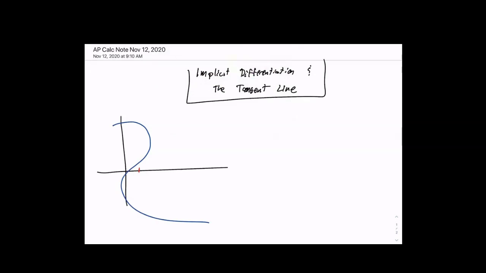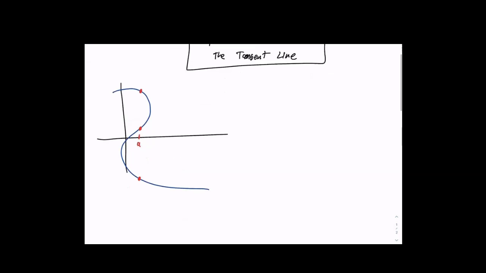So if I want to find the tangent at A, it is quite possible, or it is, that there could be multiple answers for any tangent line. So the tangent line could look like there, the tangent line could look like here, tangent line could look like here.